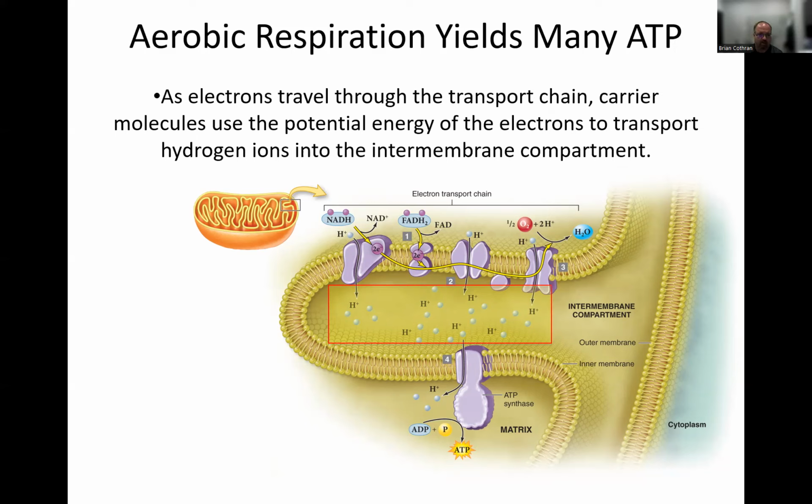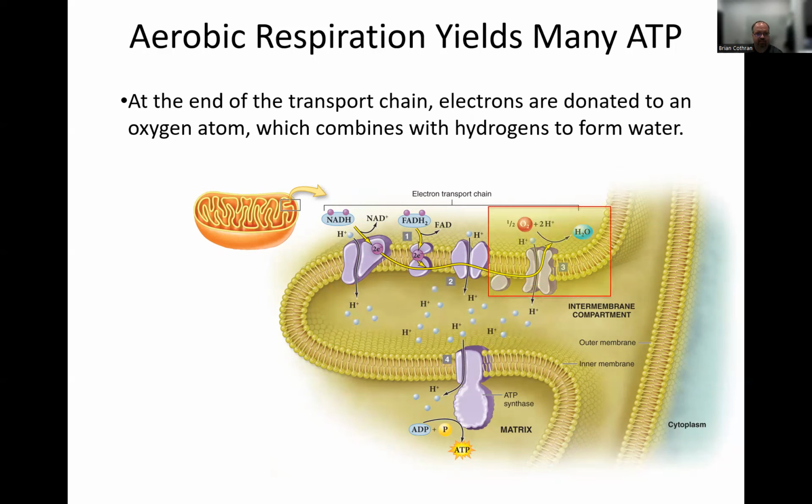Just like before with photosynthesis, we're going to suck hydrogen in. We have ATP synthase, just like photosynthesis, gluing these molecules together to form ATP. So at the end of the transport chain, electrons are donated to an oxygen atom, which combines with the hydrogens to form water. All right.